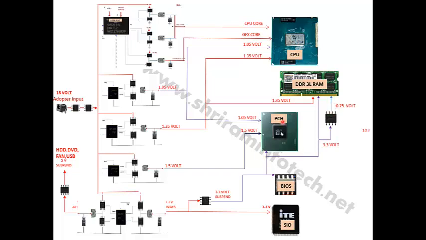And the PCH requires 1.05, 1.8, then 3.3, and the BIOS requires 3 volt, SIO requires 3 volt, and the CPU requires 1.35, 1.05, graphics core, CPU core, as well as 1.5 also. Okay, so all these voltages are required to make the CPU work.